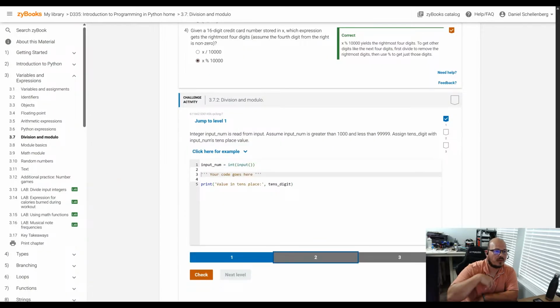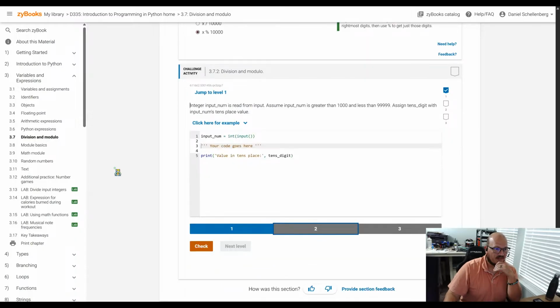Integer input num is read from input. Assume input num is greater than 1000 and less than something. Assign tens digit with input num's tens place value. Integer input num is read from input.